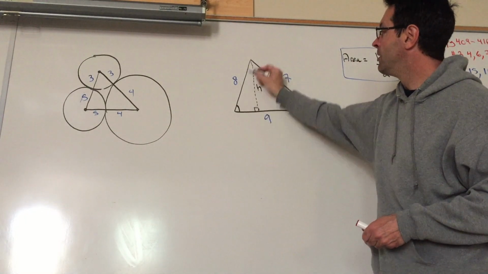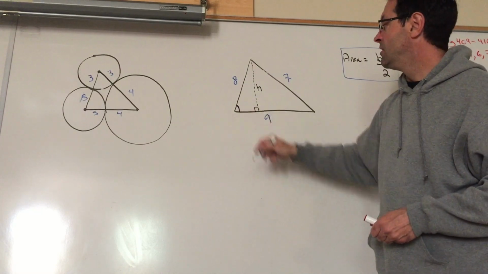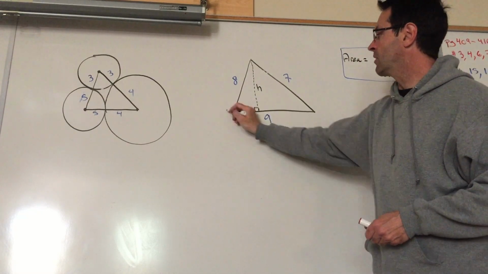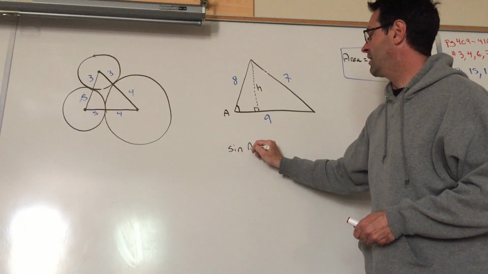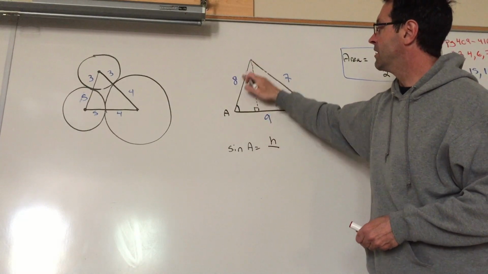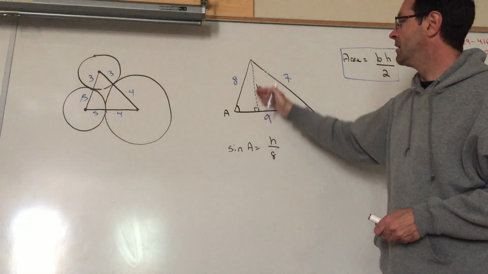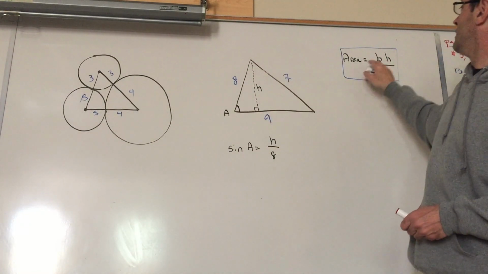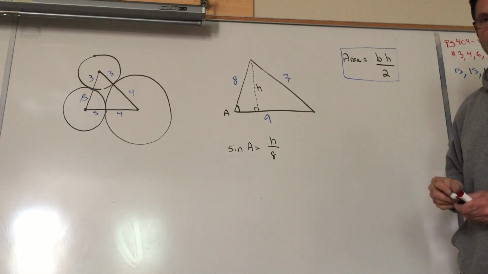I form myself a right triangle. And once you find this angle, we'll call it angle A, you can use sine. We know that the sine of angle A is equal to the opposite side, height, divided by the hypotenuse, 8. Once you find angle A, you can find the height. The base is 9. Once you find the height, multiply by the base and divide by 2, and you should be able to get the area.